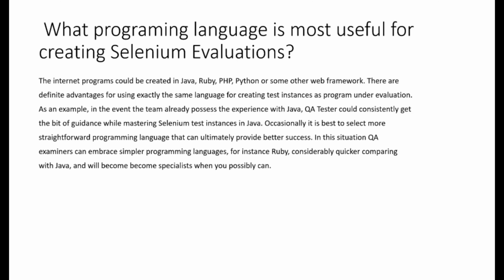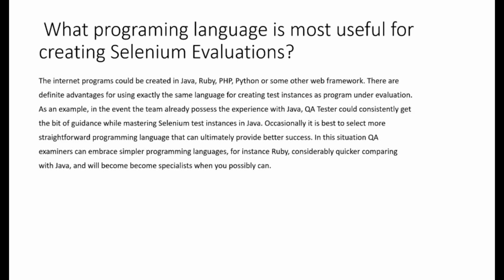What programming language is most useful for creating Selenium evaluation? The web program could be created in Java, Ruby, PHP, Python, or some other web frameworks. There are definite advantages to using exactly the same language for creating test instances as the program under evaluation. For example, if the team already possesses experience with Java, a QA tester could consistently get a bit of guidance while mastering Selenium test instances in Java.